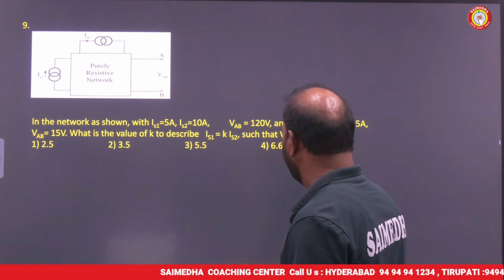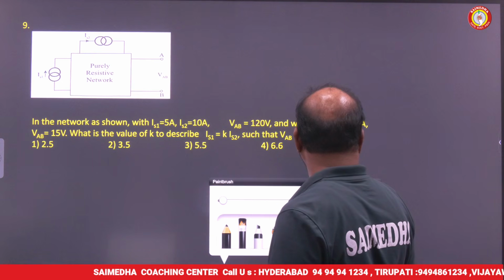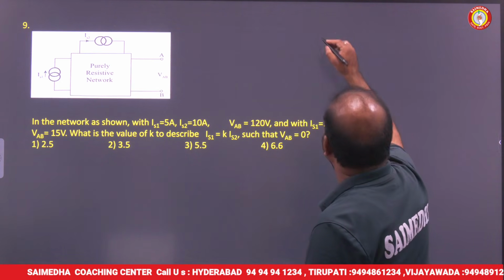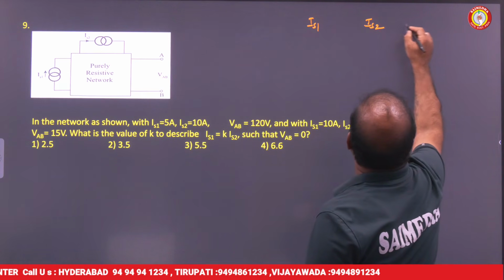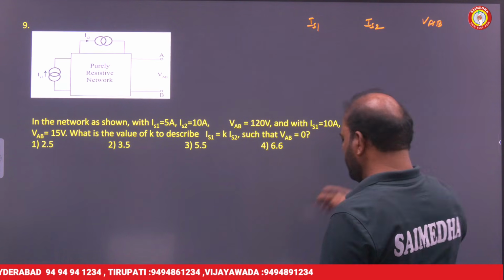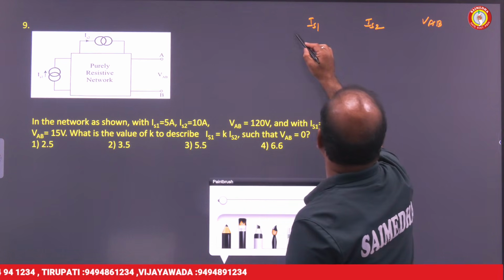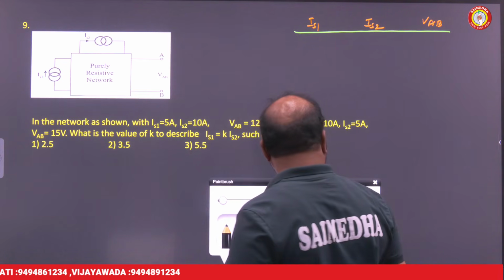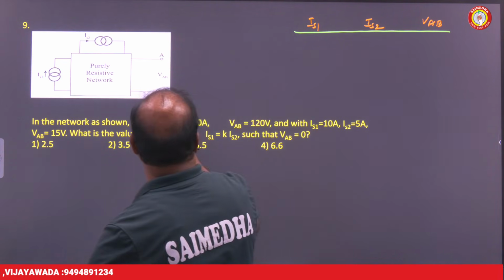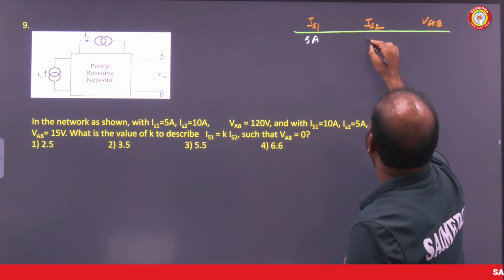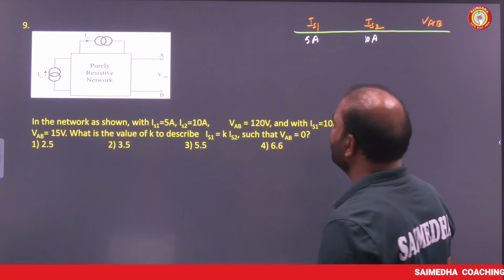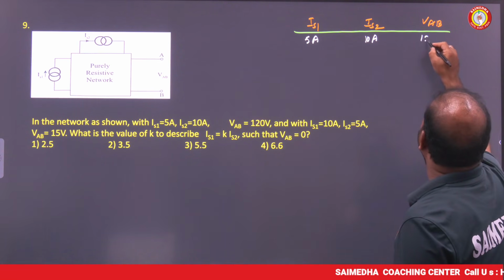I'm clearly writing, my friends: here we have IS1 and IS2. When IS1 is equal to 5 amperes and IS2 is equal to 10 amperes, VAB is equal to 120 volts.